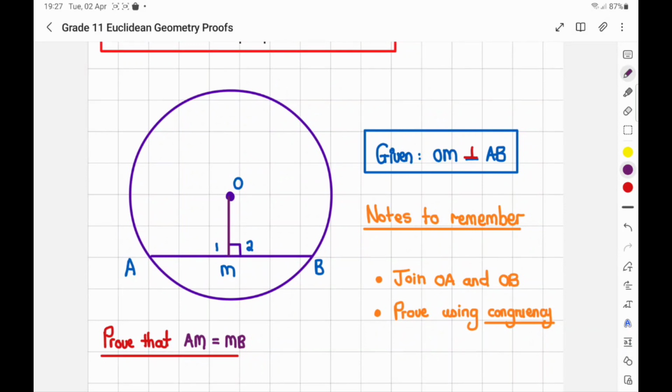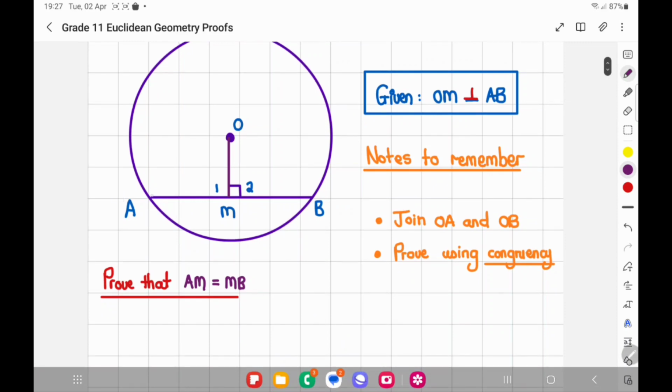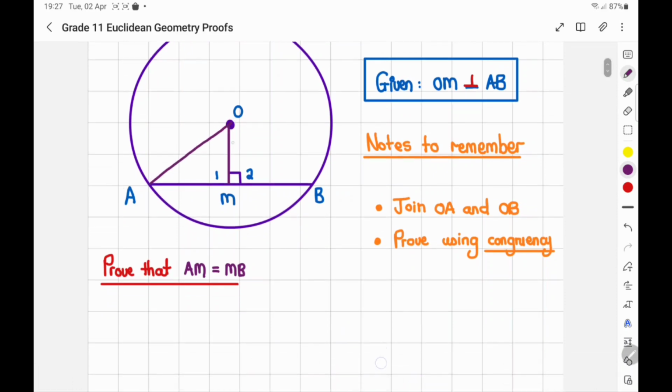With all my proofs, I just have a few notes to remember. Firstly, we're going to join OA and OB. And then we're going to prove that AM is equal to MB with congruency. Whenever you add to your drawing, you need to remember to state that you've done that.